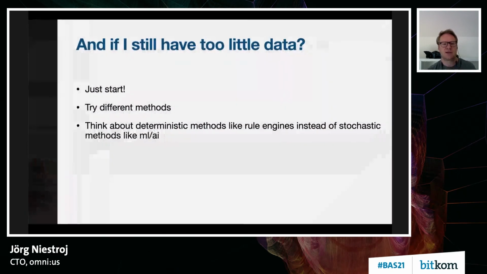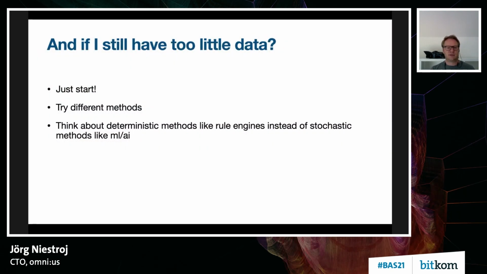So if you still have too little data, you should start anyway. Just try different methods. Maybe you also get a good result with the data you already have. Or you can also think about using other methods, like deterministic methods instead of stochastic methods. You can try rule engines or other methods.